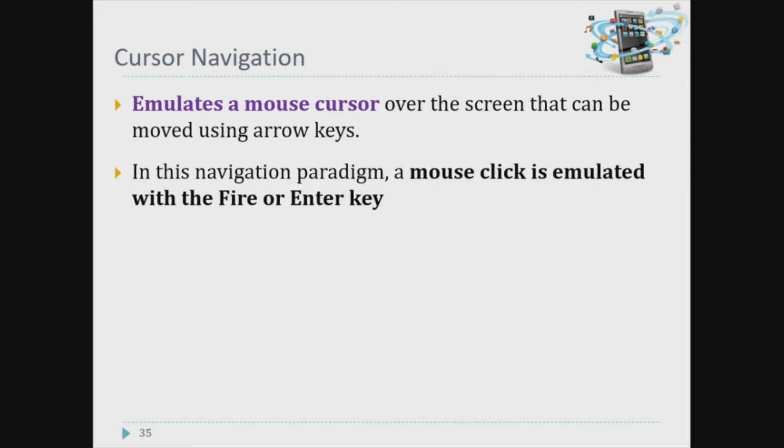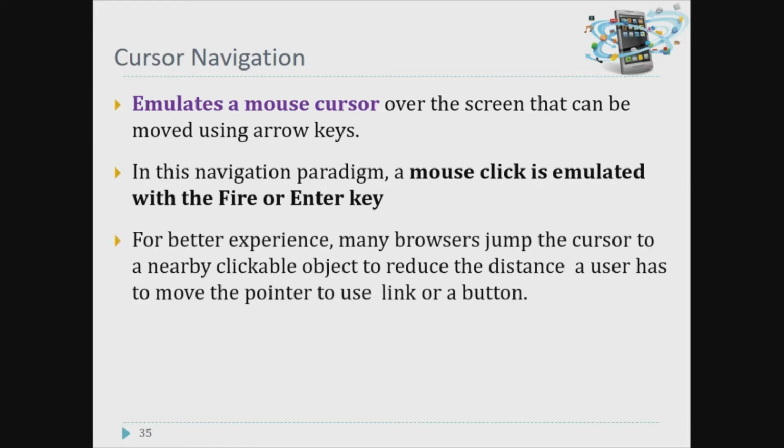Okay, in this navigation paradigm, a mouse click is emulated with the fire or enter key. And for a better experience, many browsers jump the cursor to a nearby clickable object to reduce the distance a user has to move the pointer to use a link or a button.